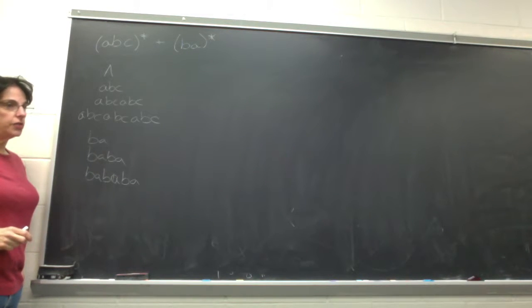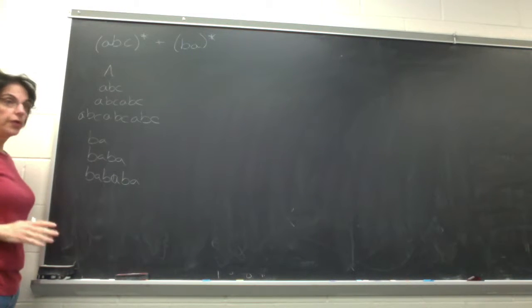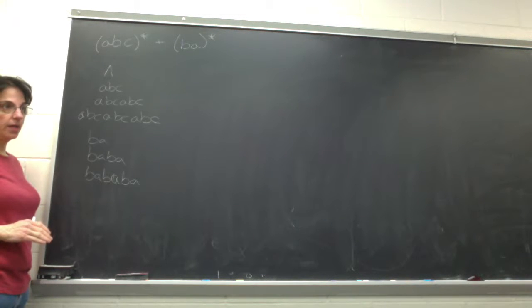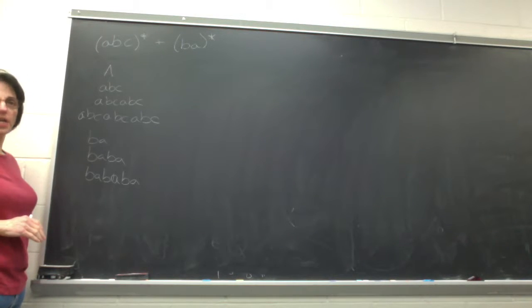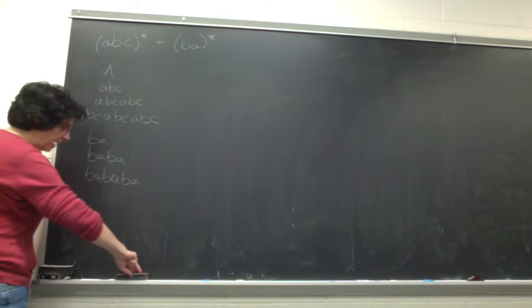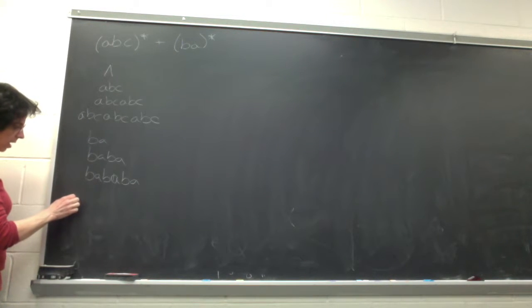And what I want to do is 2 grammars for this. I want to do a regular grammar, and I also want to do a context-free grammar. Okay. So for a regular grammar, hopefully you have in your notes what a regular grammar looks like.